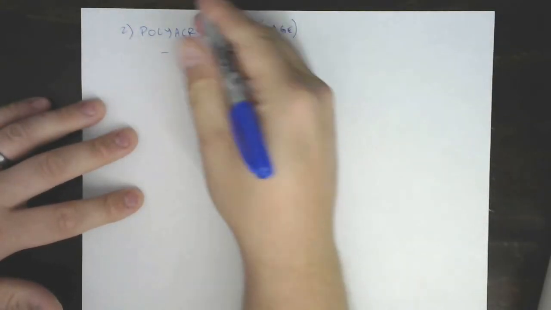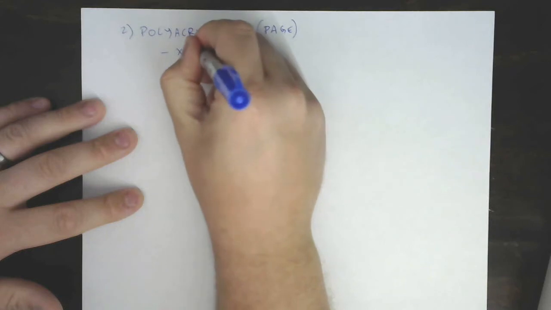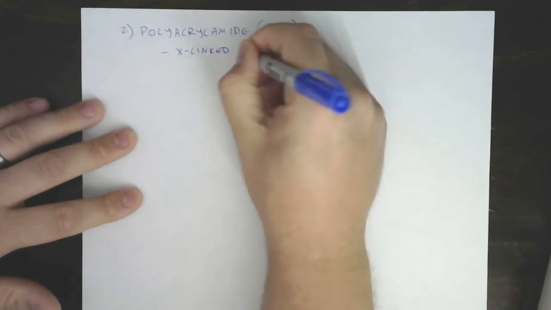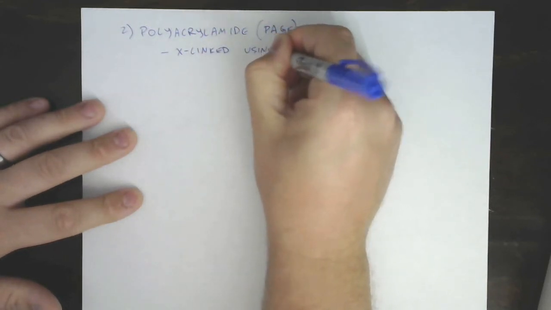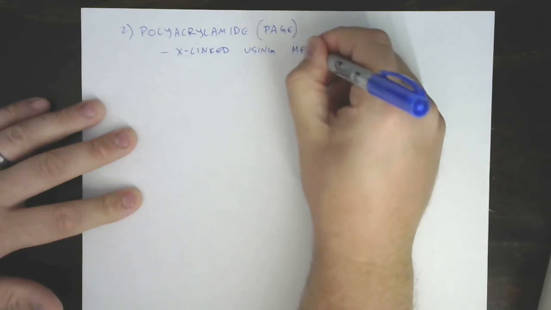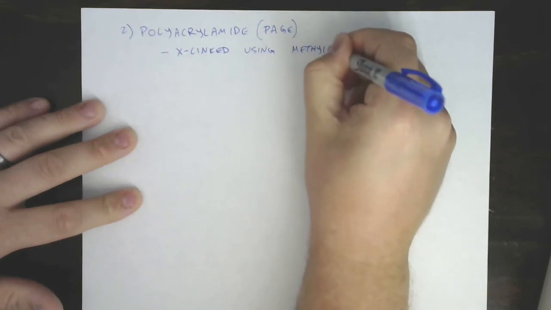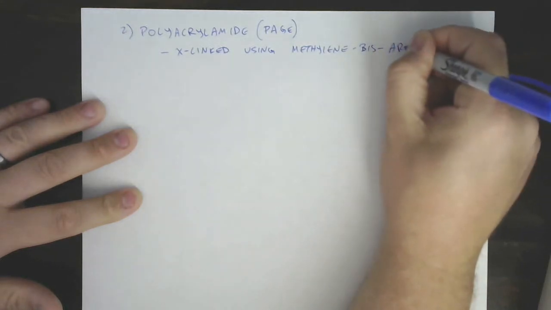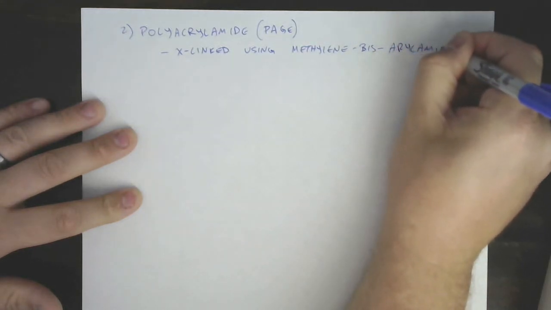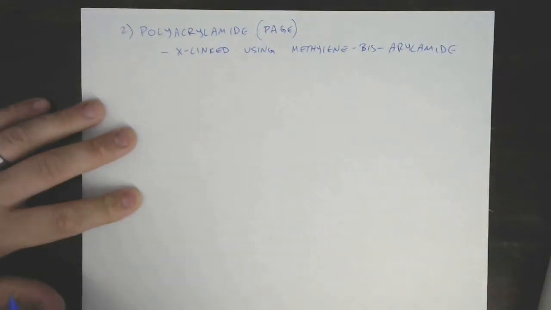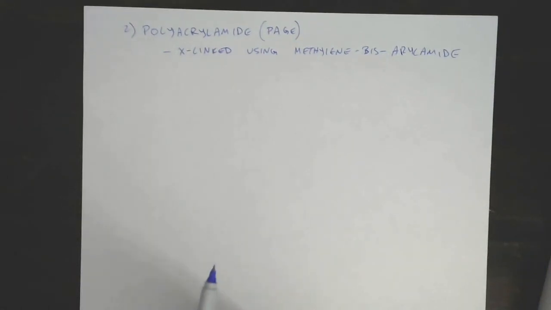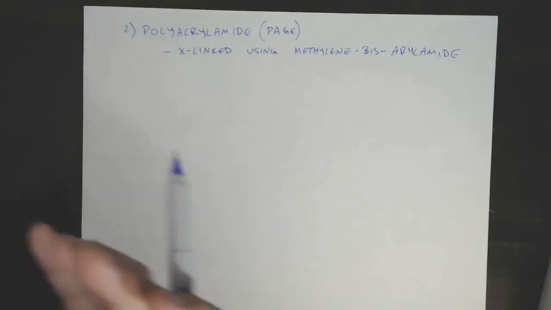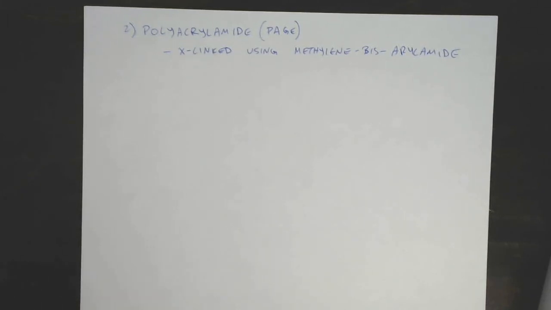What this is, is polyacrylamide that is cross-linked using usually methylene bis acrylamide as a cross-linker. So you have this two-dimensional gel structure of polyacrylamide.